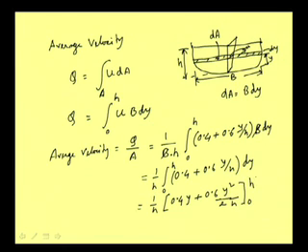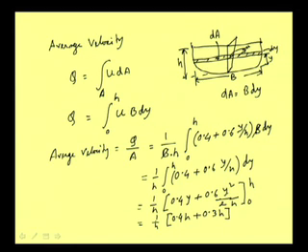Then putting the limits, we get 1 by h times 0.4 h plus 0.3 h square.